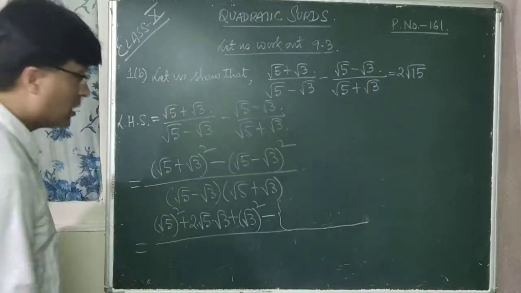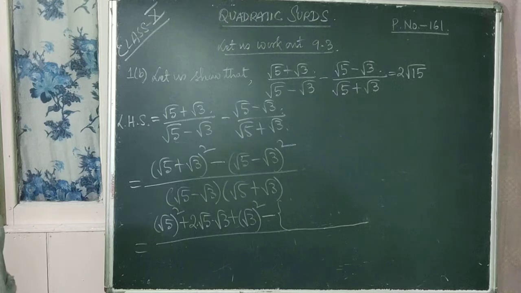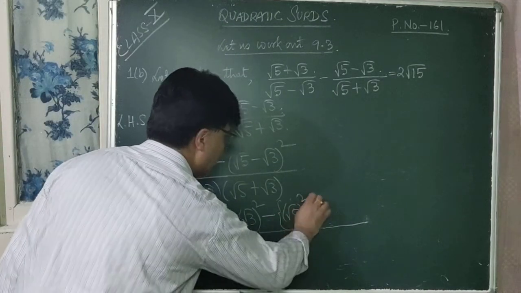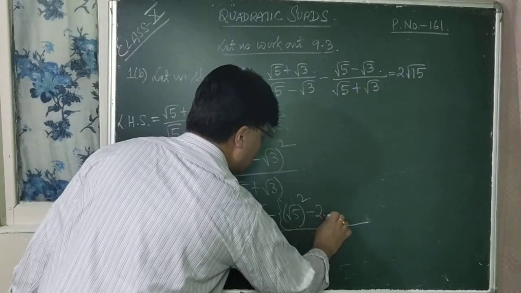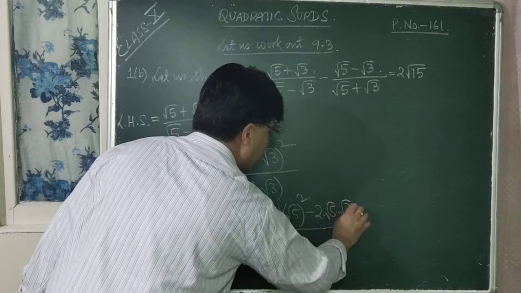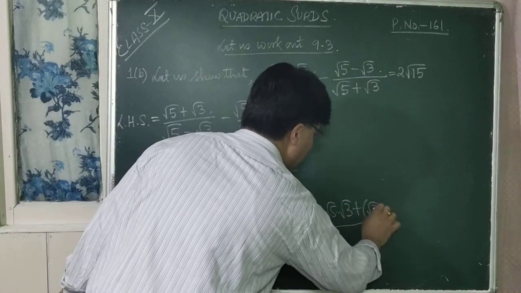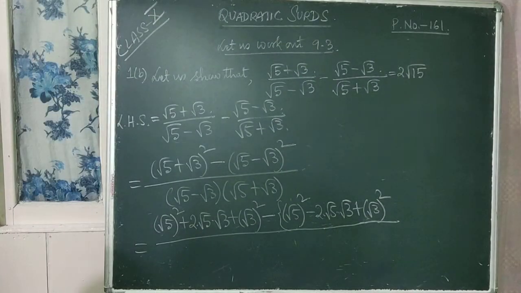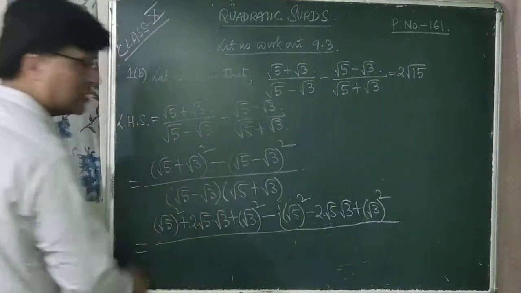So minus, now we are writing the expression of a minus b whole square within second bracket. What is a whole square? Root 5 whole square. Since there is minus, twice ab: minus 2 into what is a, root 5, what is b, root 3, plus b whole square, root 3 whole square. Is that clear? Now what is the denominator?